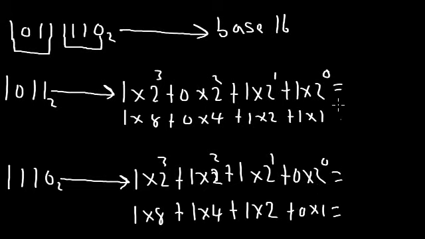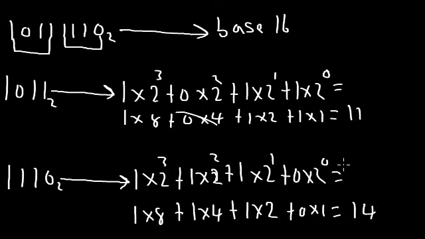So finally, this should end up being 8 plus 0, plus 2, plus 1, that is 11. And 8 plus 4 plus 2 plus 0, 0 times 1 is 0. So that should indeed equal 14.